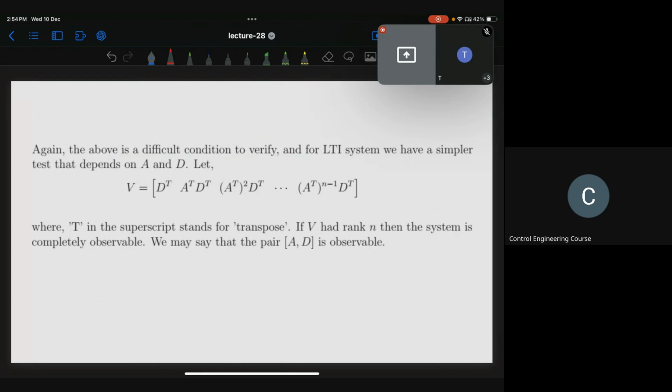I'm sorry, just a minute. Okay, what is happening? Yeah, so and its rank. Just give me a minute.